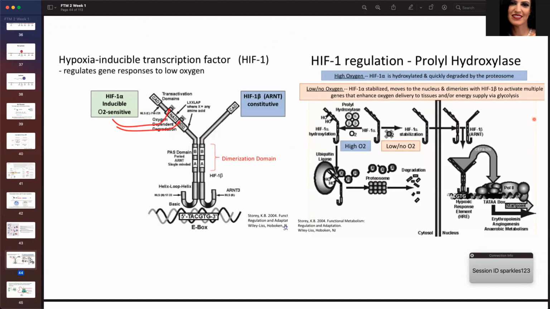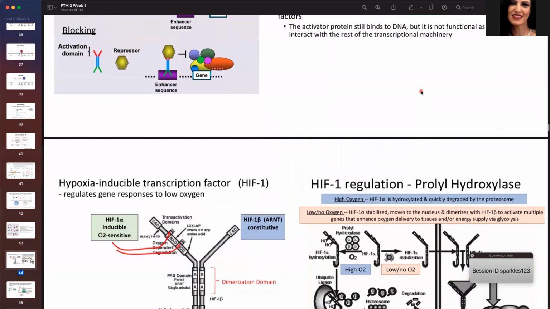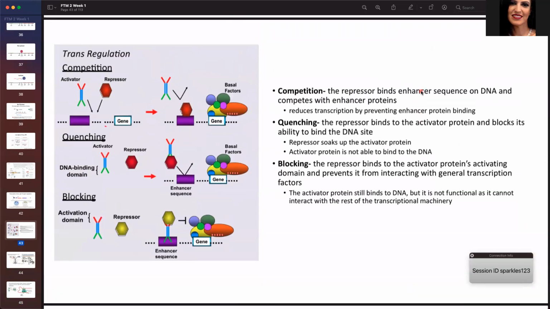Okay, with, I'm sorry. I have a quick question. Actually, I want to clarify. In blocking, when the repressor binds to the enhancer sequence, it will completely block it, so we won't have any transcription, correct? Okay, perfect. Yeah. Thank you. So that's going to be blocking.